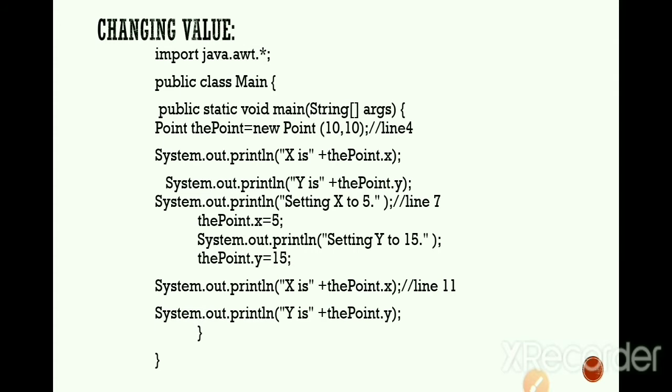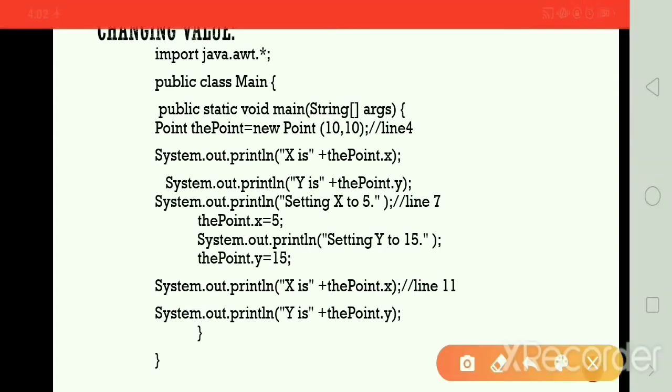Point is a part of the java.awt package, which we are importing here. It refers to a coordinate point with an x and y value. If we are working with the Point object, we will have the two coordinates x and y.